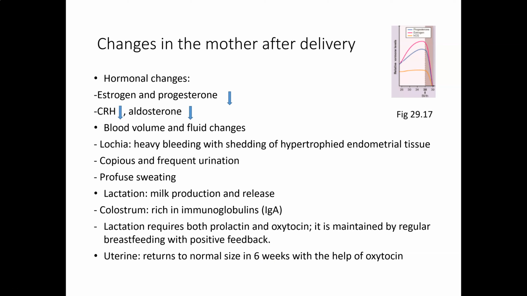Where does oxytocin come from? Well, from the breastfeeding. With each breastfeeding, you not only work on the milk ejection in the mammary gland, you can also help the uterus to contract, right? And each time it's going to contract further, until it returns to normal.